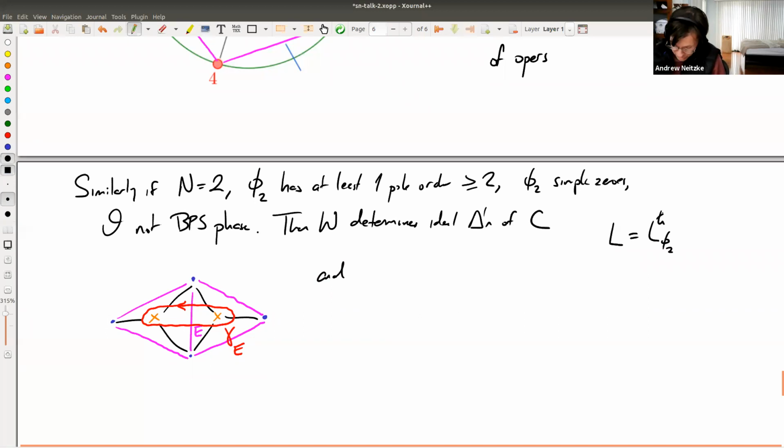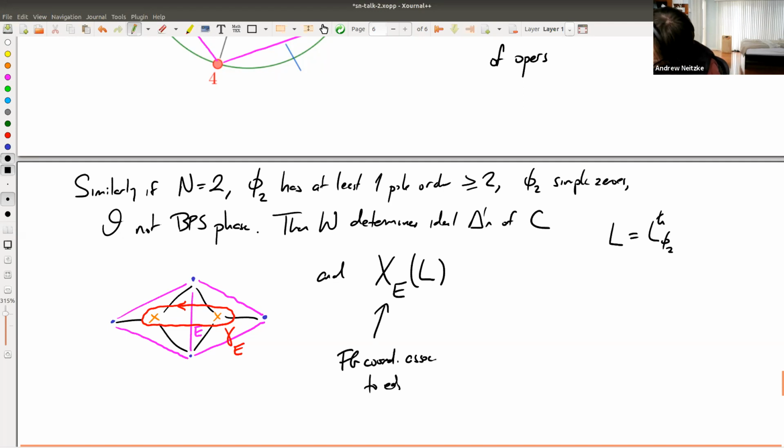And we can ask the same question we asked before, which is, what is that local system? Well, Fock and Goncharov have a language for answering that. They give you the coordinates of that local system in their coordinate system. There's one coordinate for each edge. So this is the Fock-Goncharov coordinate associated to the edge E. They would determine the local system by giving you the coordinates associated to each edge.